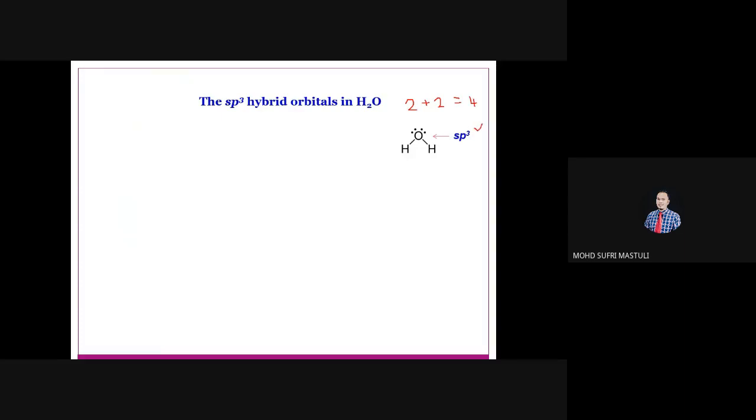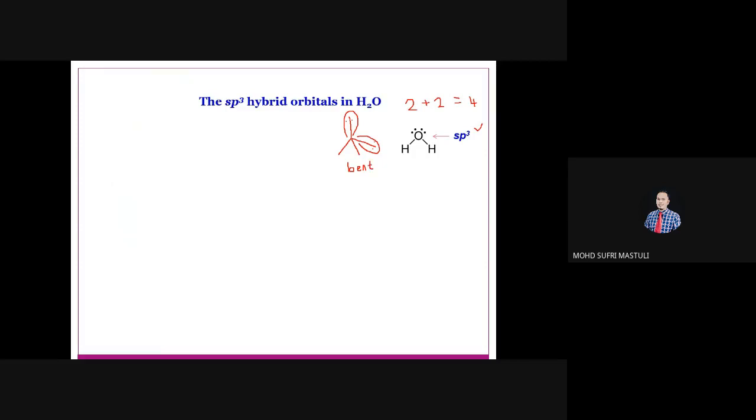So the hybridization is sp3. The geometry is tetrahedral for electron domain 4, but we have 2 lone pairs. So the geometry is no longer tetrahedral, it becomes bent.